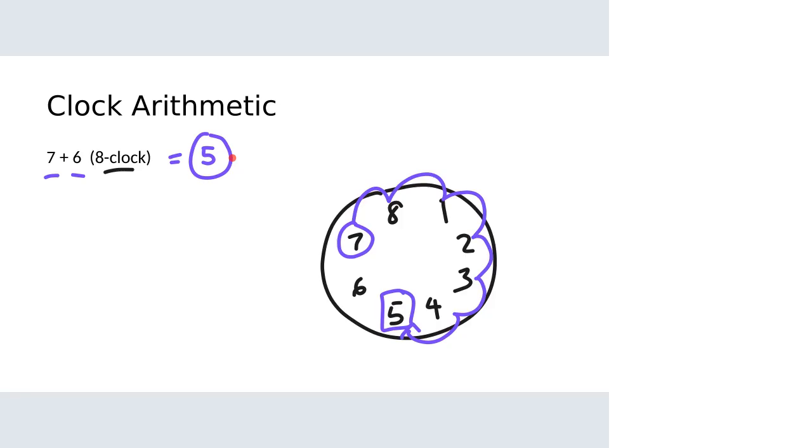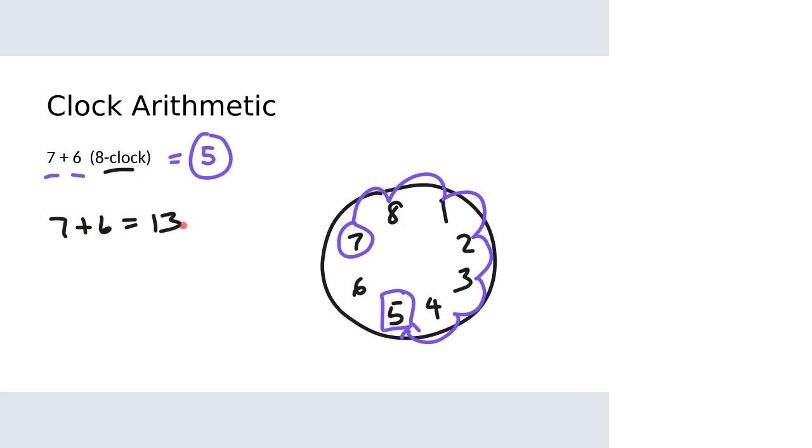Clock arithmetic means we're restricted with the numbers we are allowed to use. When I start at 7 and I go to the right 6, because I'm adding, we can also subtract on here, but if I'm adding, I go to the right, and 6 hours later, it would be 5 on this 8 clock.